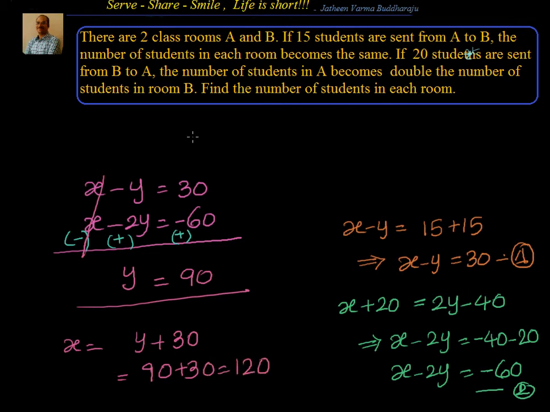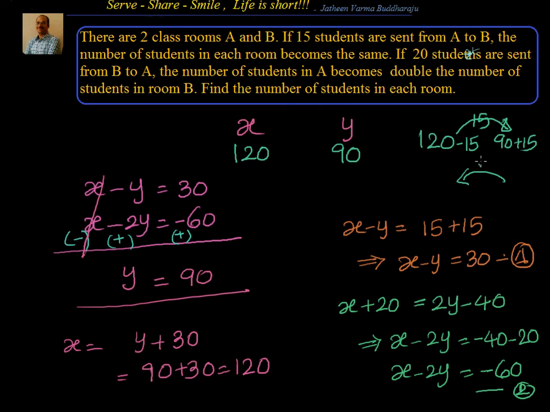So the number of students in room A and room B, which are X comma Y, are 120 and 90. Now let us check whether it's verifying or not. First, 120 minus 15 and 90 plus 15, because 15 are moving from A to B. You can see both of them are same.